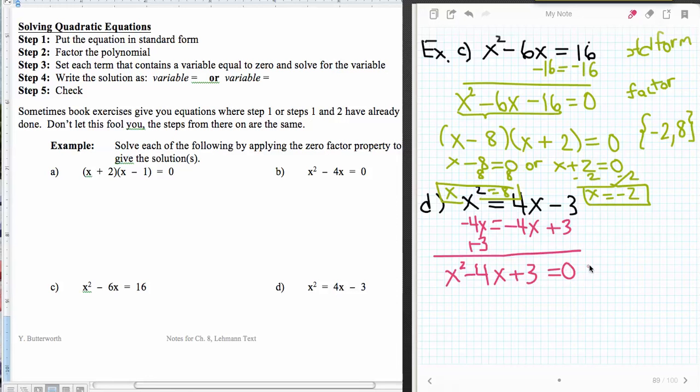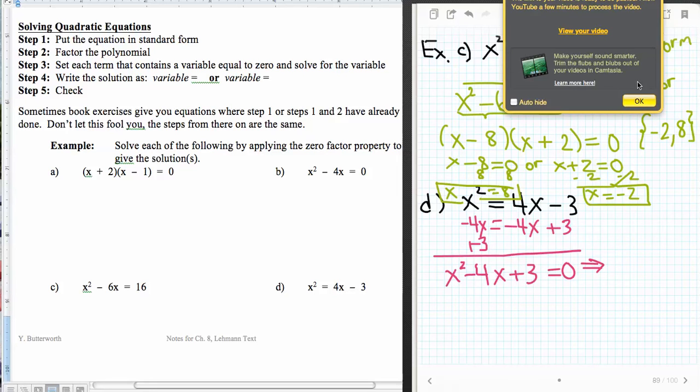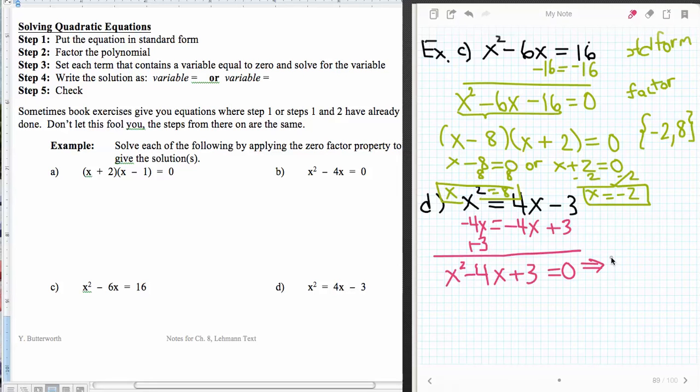And then the next thing I need to do is factor that. So I need the factors of 3 that sum to 4. And so I have an x minus a 3 and an x minus a 1. Those are the factors that sum to 4. And that is, again, set equal to 0. Now I'm going to take each of my factors and set them equal to 0. So x minus 3 set equal to 0, or x minus 1 is equal to 0.